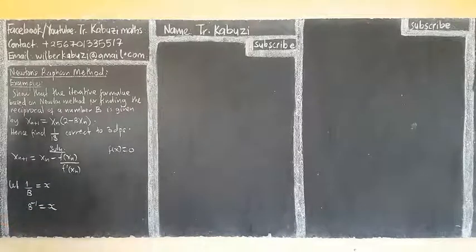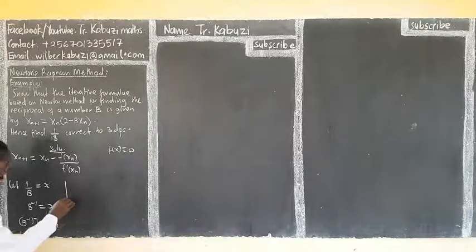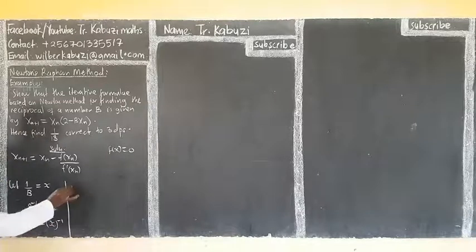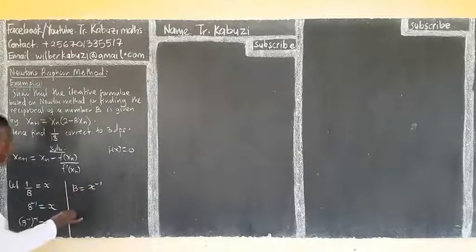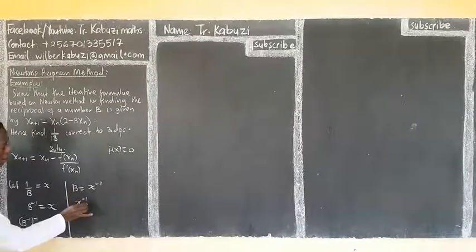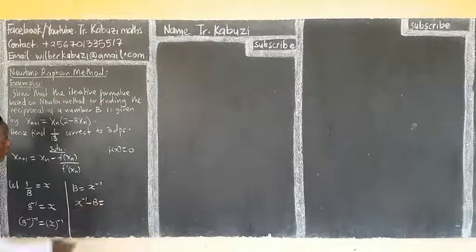What do I do? I multiply with the same power, x power negative 1, both sides. So from here I have b equal to x power negative 1. Take this side, I have x power negative 1 minus b equal to 0.